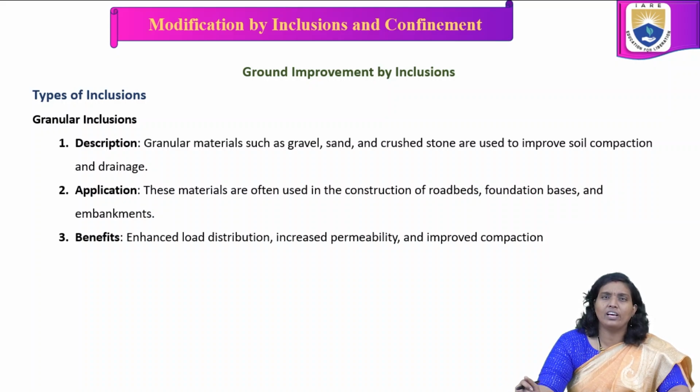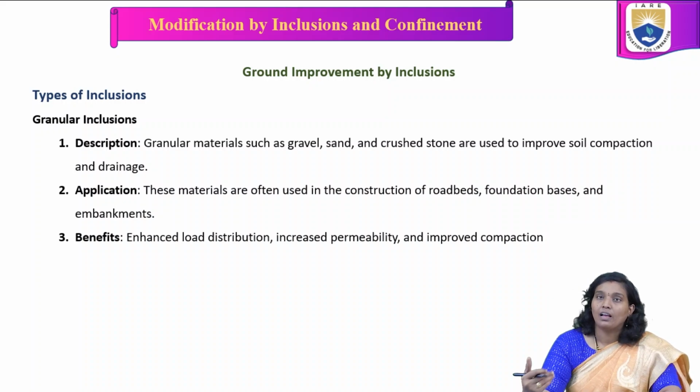These materials are often used in construction of roadbeds, foundation bases and embankments. Benefits: enhanced load distribution, increased permeability and improved compaction characteristics. These are the things we are going to understand in granular inclusions as a type of ground improvement.